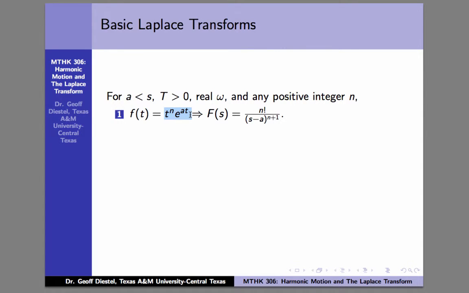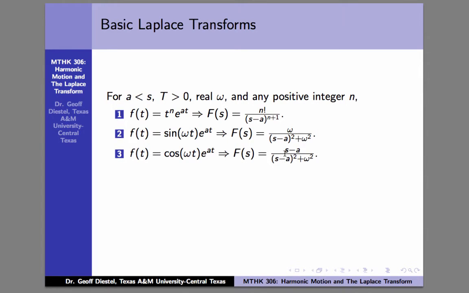If that's our function, then its Laplace transform is over here. We have our sine times an exponential. Again, we just took our sine Laplace transform and translated it, shifting s by a. Cosine, do the same thing. Take our cosine Laplace transform, shifting each occurrence of s by a.